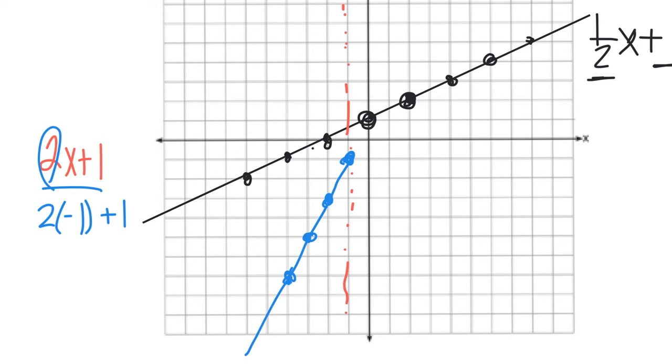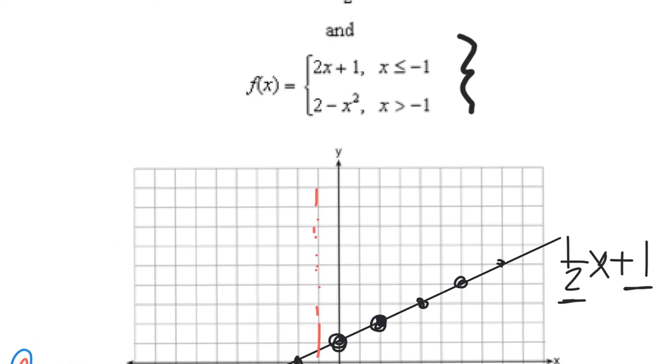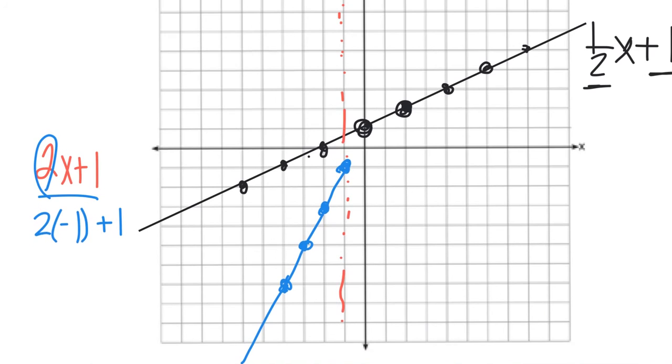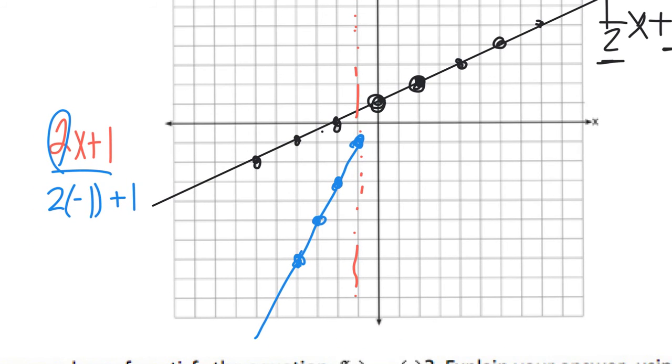Okay, now at negative 1, it's going to change to becoming 2 minus x squared on the right-hand side. Let's change colors for that. 2 minus x squared. Now if x is negative 1, let's see what happens. So it'd be 2 minus negative 1 squared, which is, 2 minus 1, sorry, that's just 1.